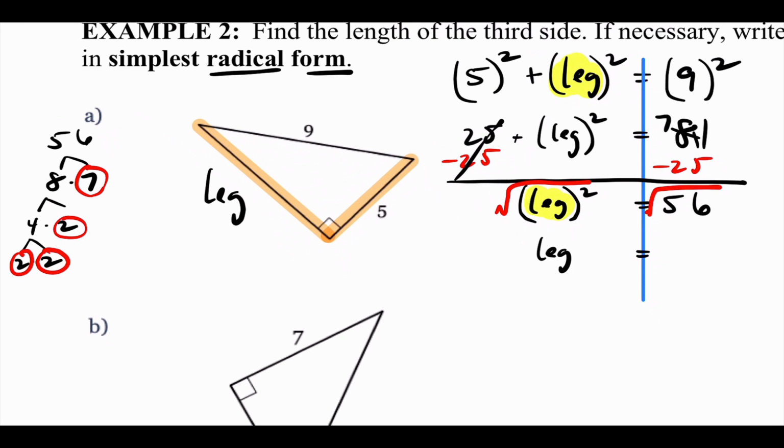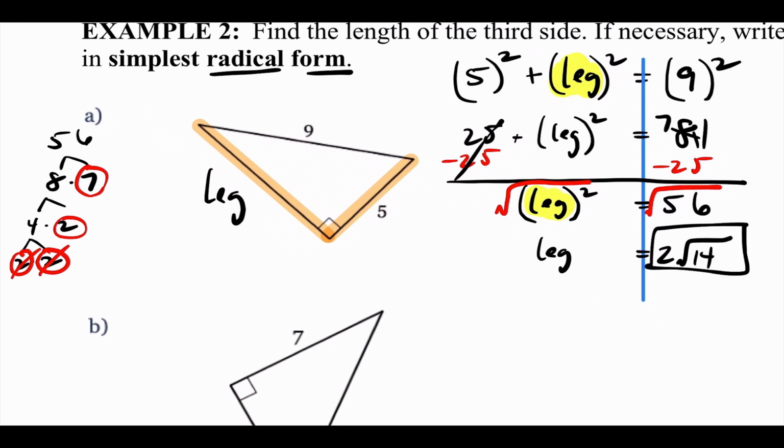So how many pairs is 56 going to have? 1 pair, so I can take out a 2, because I had a pair of 2s. What's left over? 7 times 2, which is 14.